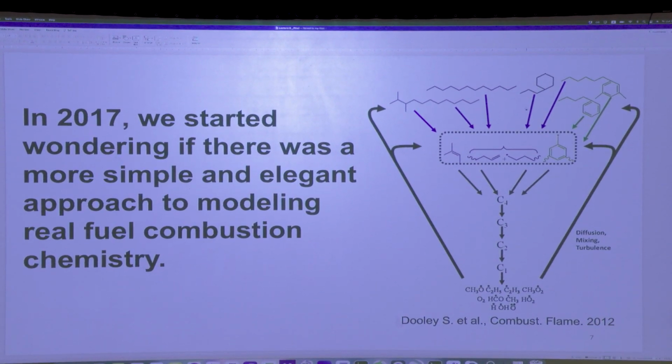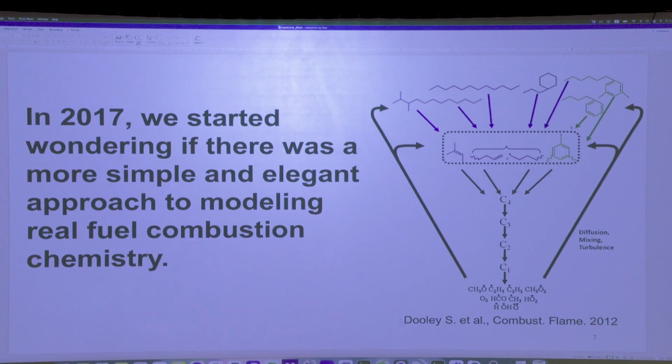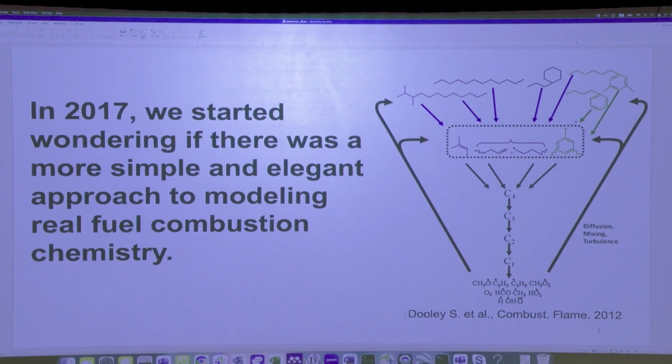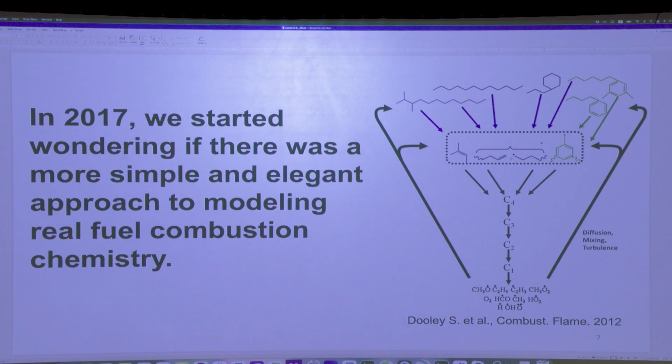But from a kinetic perspective, they started this. The understanding came about already about 10 years ago that real fuels, sometimes you can simplify the understanding of their kinetics because the mixture, even though you have many different hydrocarbons, they quickly break down to a common set of intermediates, which are common in all fuels, right?